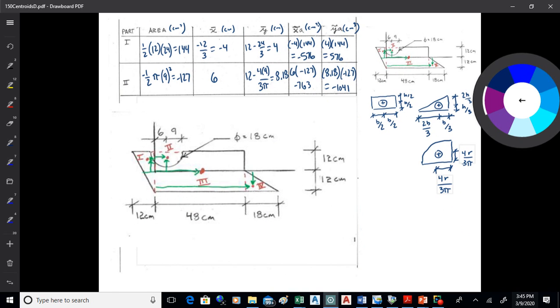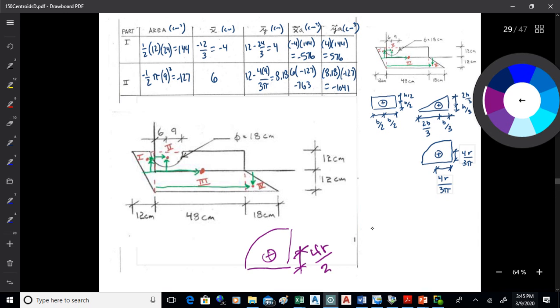So 4 times the radius divided by 3 pi. That's the formula. And it's the same dimension right there. They're the same thing. Okay?